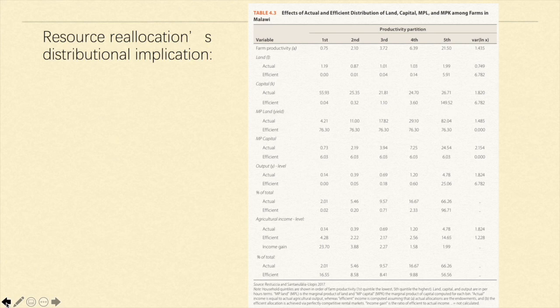For example, the ratio of the top to bottom quantile of agricultural output is a factor of 34-fold, although the corresponding ratio of the top to bottom quantile for capital and land use is within a factor of 1-fold to 2-fold. In other words, equal access to land across households does not necessarily translate into income equalization because these farmers differ substantially in their productivity.